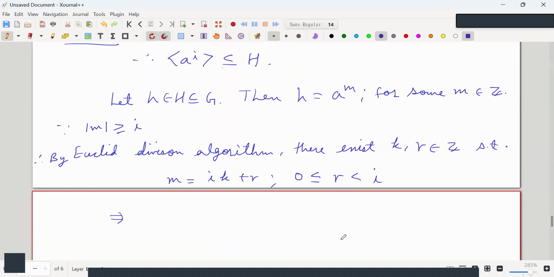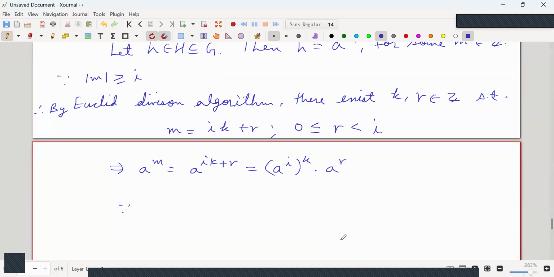This implies a^m is a^(ik+r), and that is a^i to the k, multiplied with a^r, right?